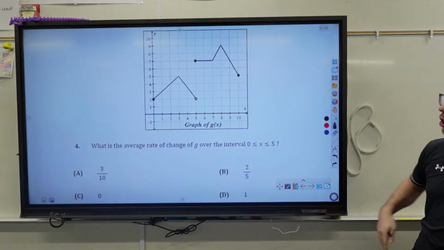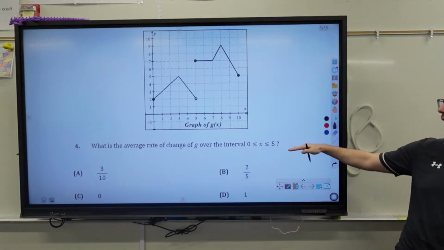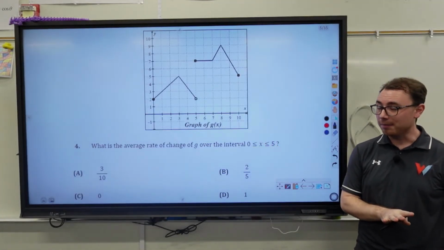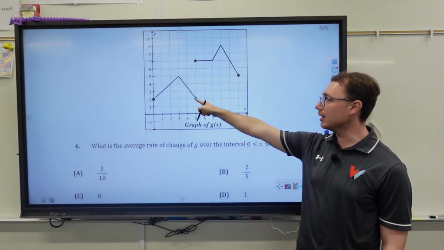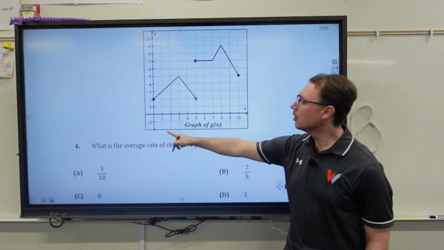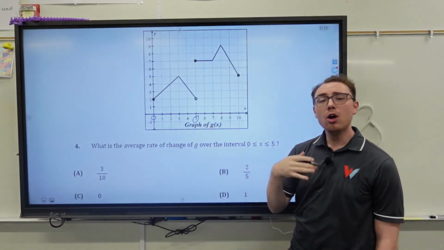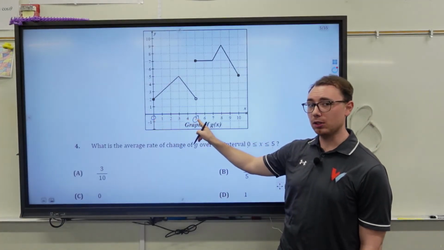For problem 4, we're given: what is the average rate of change of G over the interval of 0 to 5? Problem 4 is pretty fun. Notice that the interval from 0 to 5 is already listed in this graph here. So if x is equal to 0 here and x is equal to 5, we want to find what the y values are at those specific locations.